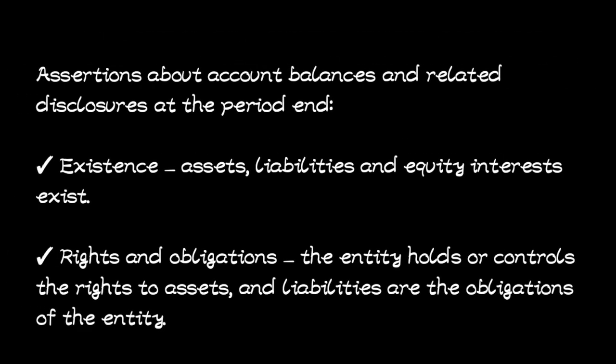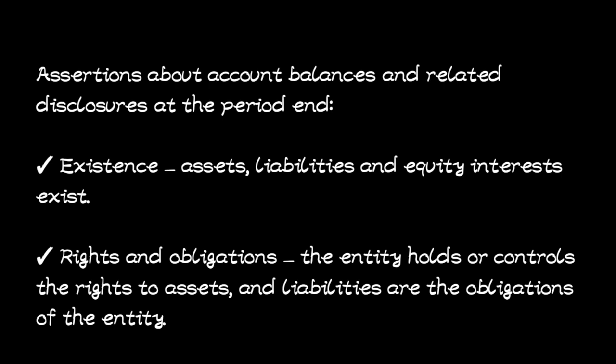So let's look at the assertions about account balances and related disclosures at the period end. These assertions relate to items that appear in the statement of financial position or balance sheet. So the first one is existence. The auditor has to confirm if the assets that were recorded in the financial position really exist, the liabilities also exist, and the equity interests and all that.